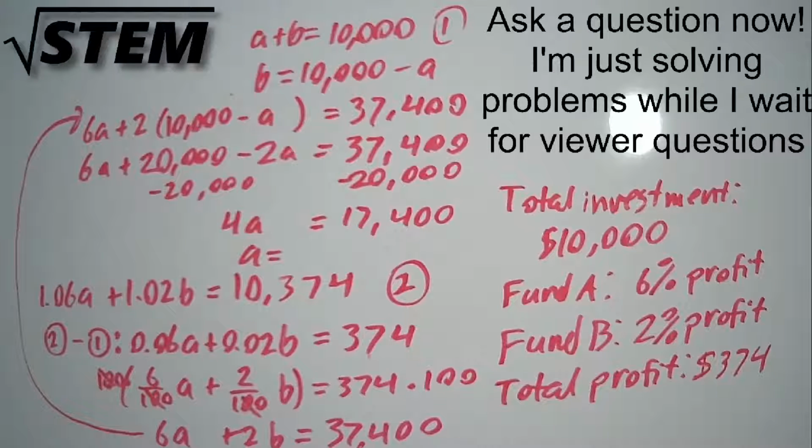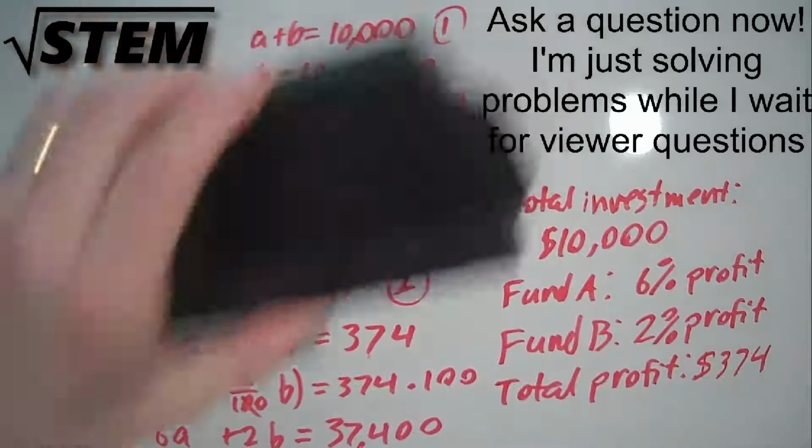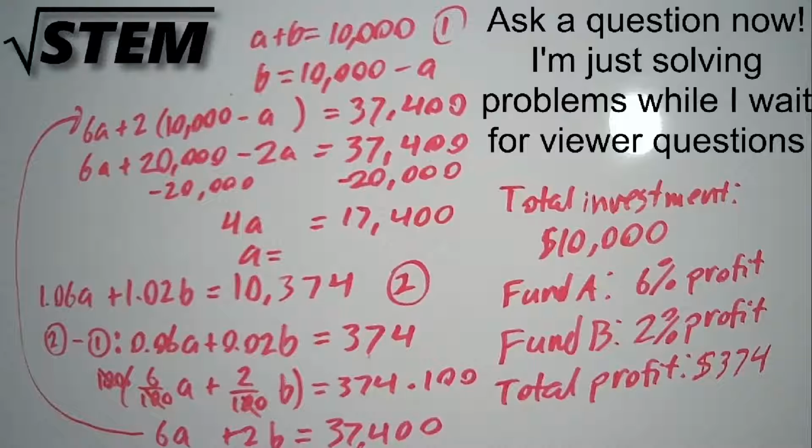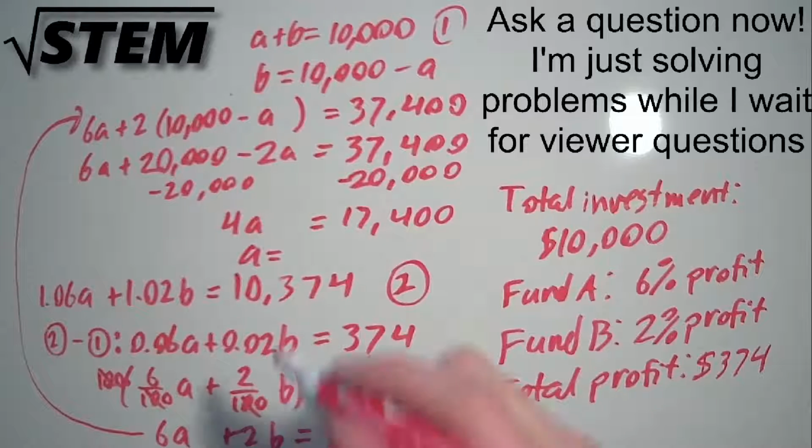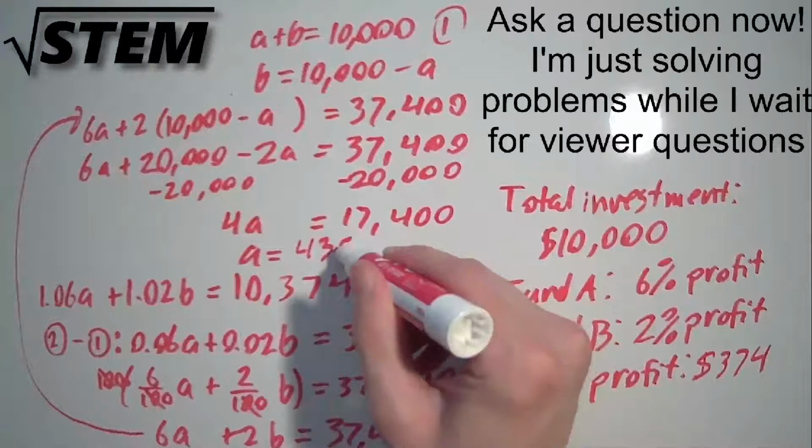So 250 times 17, we would get 2,500 plus 17 times 250, or plus 7 times 250. Okay, you know what? We'll just use a calculator instead of trying to carry all those numbers in our head. And we get 4,350.